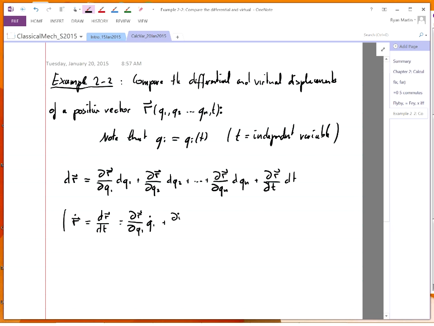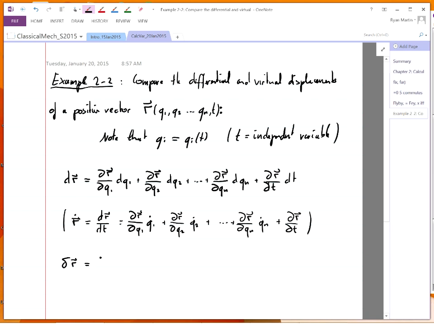So the velocity vector would be given by ∂r/∂q1 q1 dot, ∂r vector by ∂q2 q2 dot, plus the last q term, which is ∂r by ∂qn qn dot, plus ∂r by ∂t. Remember, we saw that last week as well when we were looking at the generalized velocities. Right, we had this ∂r by ∂t term at the end.